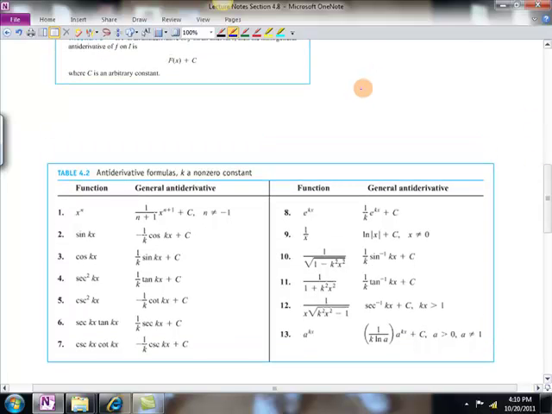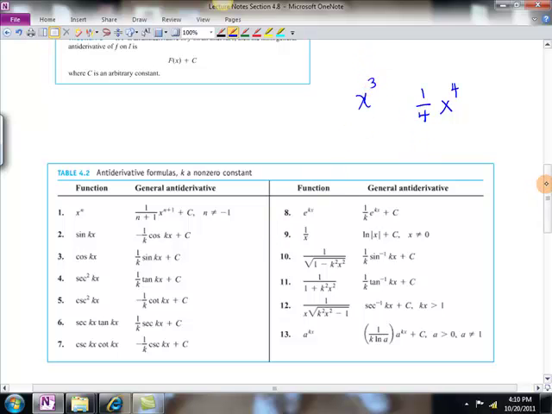If I have x cubed, 1 over 3 plus 1, so that's 1/4 x to the 4th. Now let's see if I take the derivative of this, do I get this? 4 times 1/4 is 1, x to the 3rd. So that works. A lot of times we just think of it as this: add 1 to that, divide by the same number.